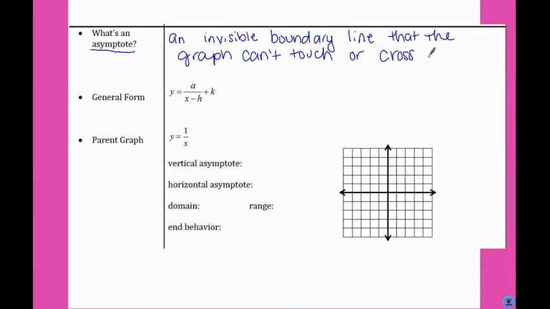There are some exceptions to where it can't touch or cross, but we'll get to that later. But in general, 99% of the time, you can't touch it or cross it.